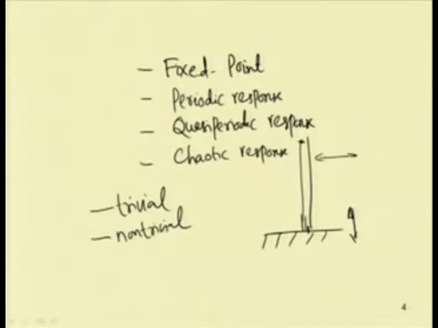When the base is moving up and down for some frequency and amplitude of this base motion, the beam will move in the transverse direction and it may come to this position.